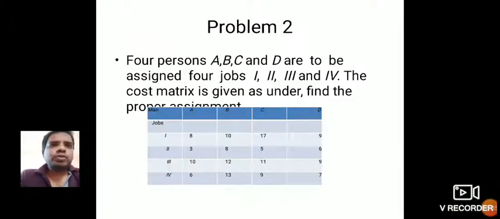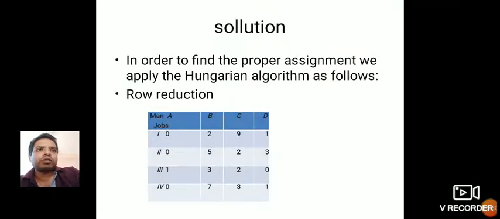Now problem 2. Here also there are 4 workers and 4 jobs as given here. The first step is row reduction, that is, select the smallest element and subtract that element from the other elements in the row, first row wise.